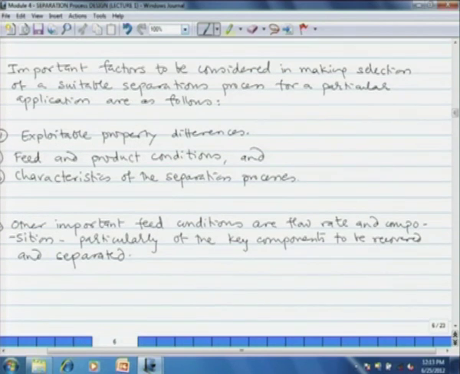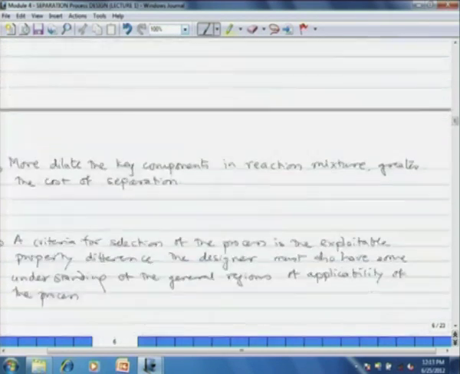Other important feed conditions are the flow rate and composition that I just mentioned, and particularly the key components that are to be recovered and separated.